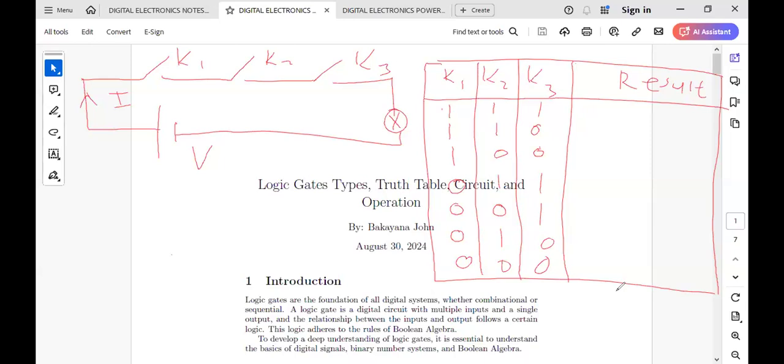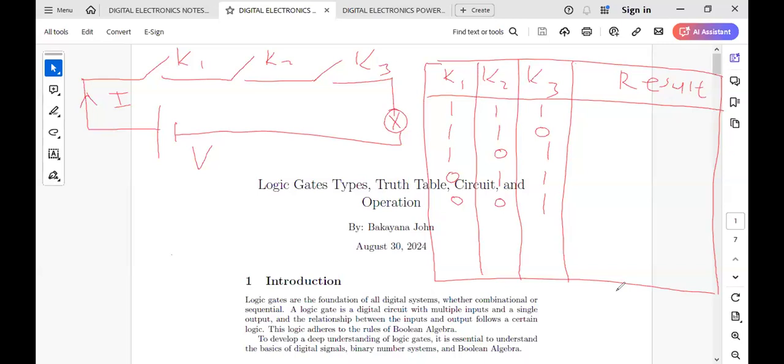Which one have I skipped out? Let us repeat. Closed, closed, closed. Closed, closed, open. Closed, open, closed. Open, closed, closed.